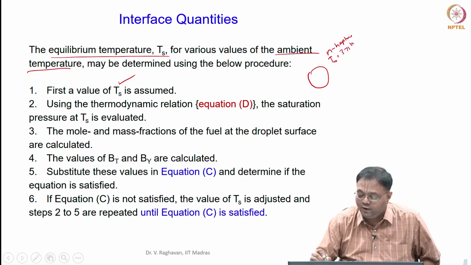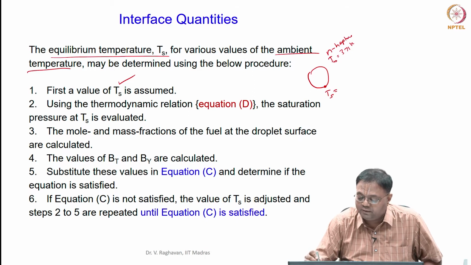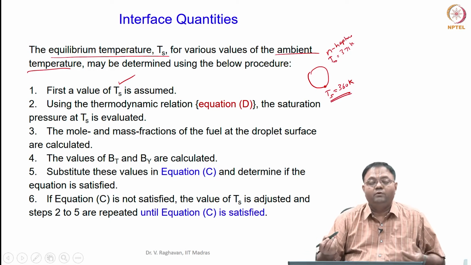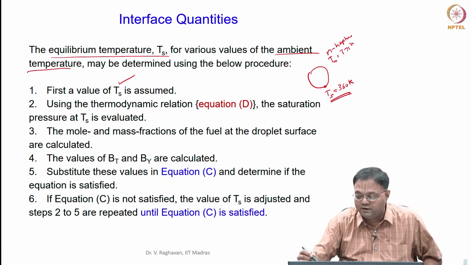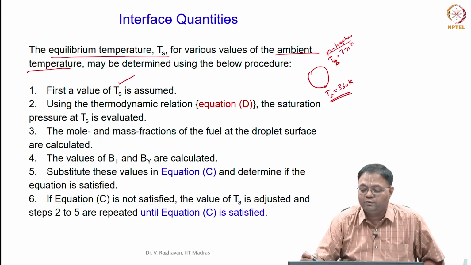Now I can assume Ts at the surface can be say 360 Kelvin. This is an assumption made, because I know that it will never reach the boiling point. The boiling point of NF10 is 371 Kelvin.